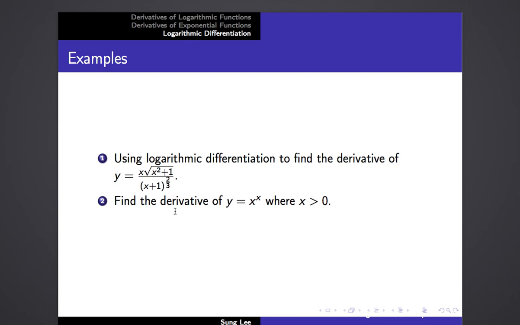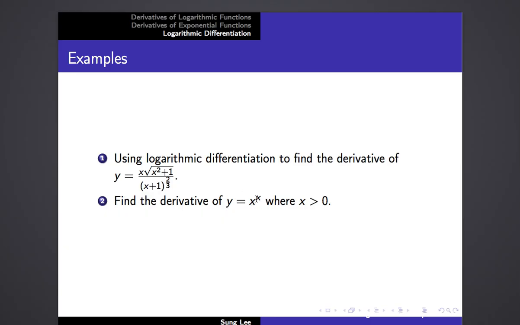Next example is find the derivative of y equals x to the power x, where x is positive. So that's a weird function, right? You might be hasty to apply the power law. What's the big deal, right? No, you can't use the power law.